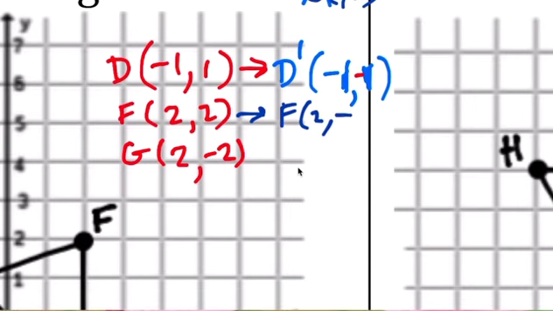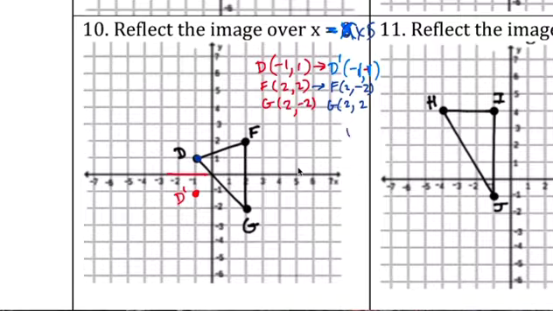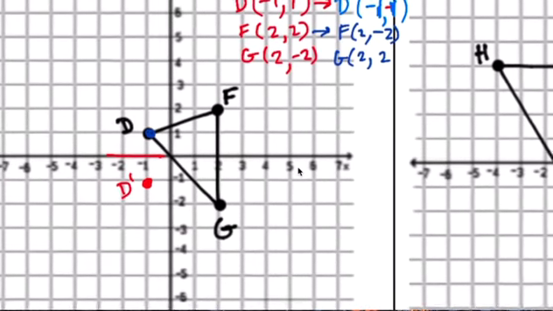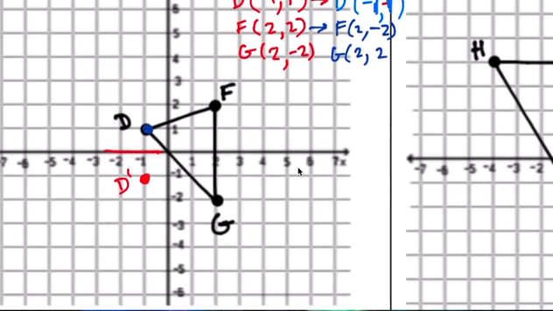And y is its opposite. X stays the same, and y is its opposite. So 2, -2. Graph the dots.